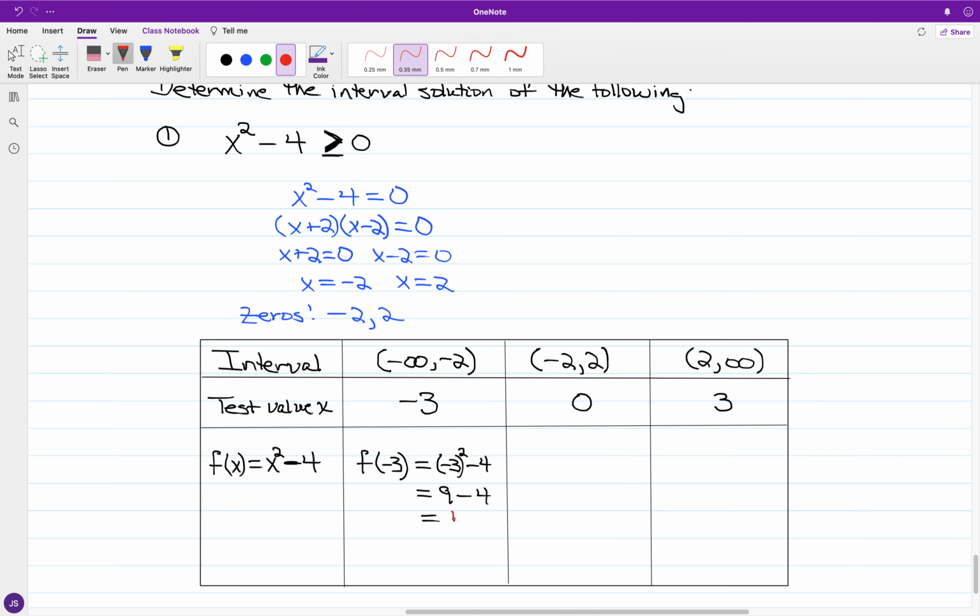I'm going to place emphasis upon the sign, so the result is a positive 5. With x at 0, we have 0 squared minus 4. 0 squared is 0, and 0 minus 4 is negative 4. For f of 3, we have 3 squared minus 4. 3 squared is 9, and 9 minus 4 results in a positive 5.